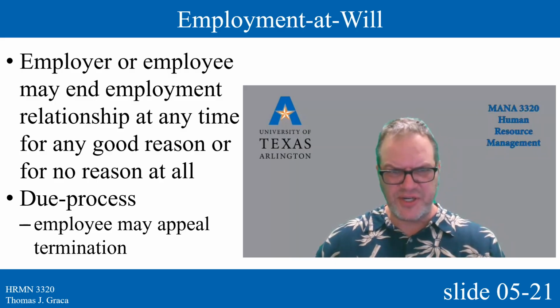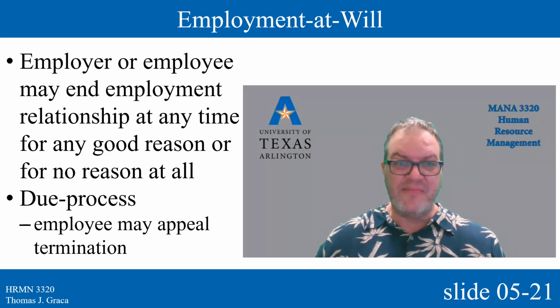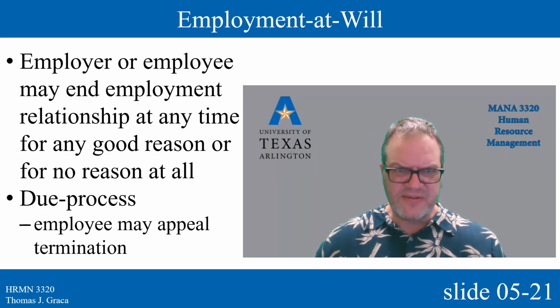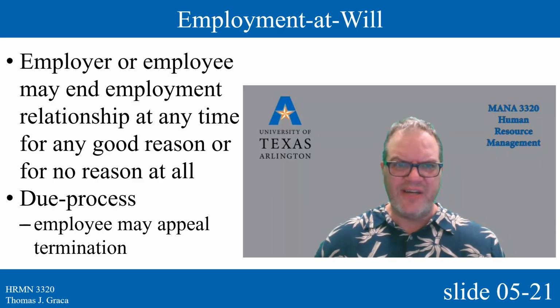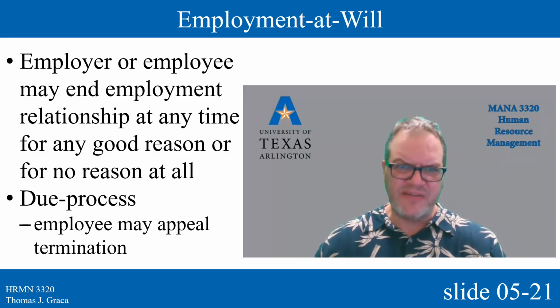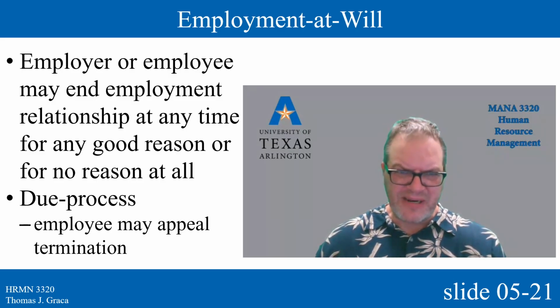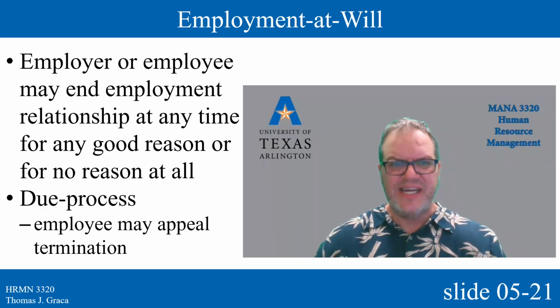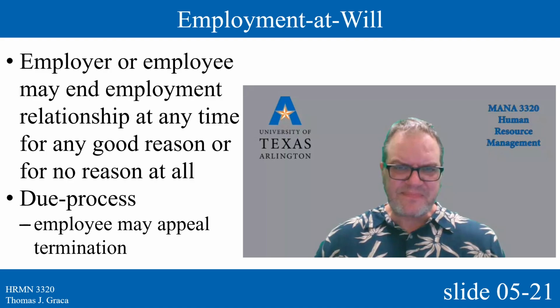The firm might have due process policies in place that state that even though we can fire anybody at any time for any good reason or for no reason at all, we have an appeal process. We have a due process approach so that the employee can appeal it, can try to stick around, or whatever.